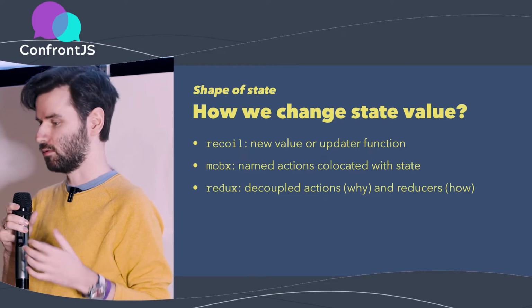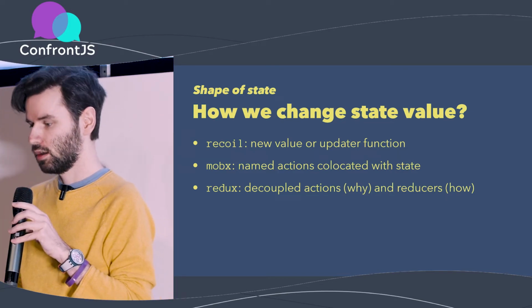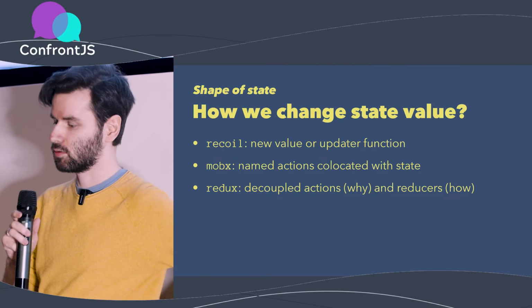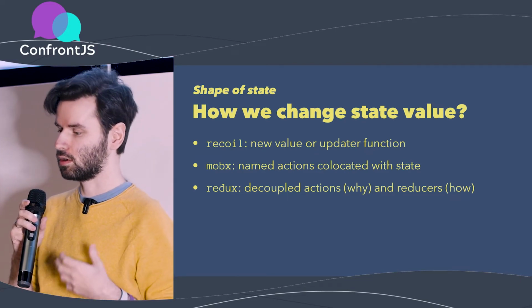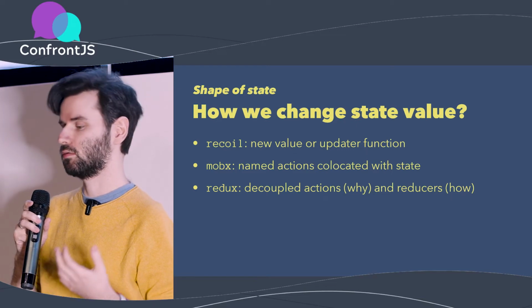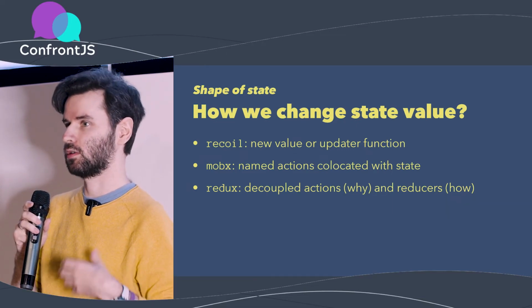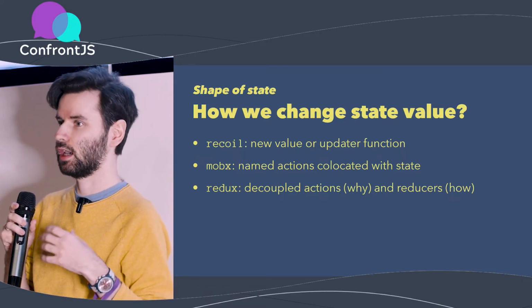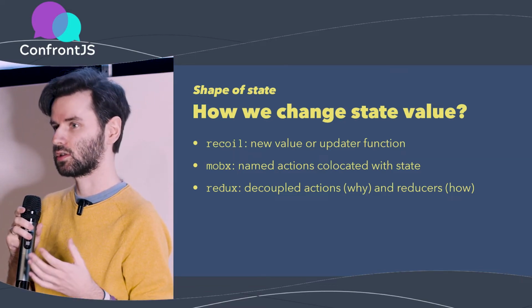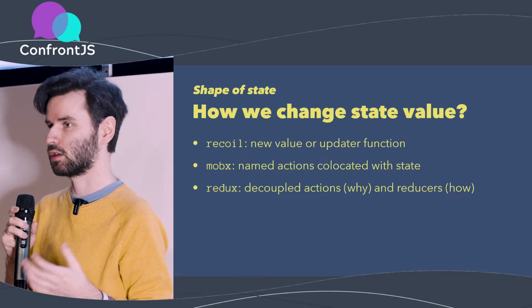Then we need to change our state. Recoil goes for simplicity. It's just like the useState hook. We can pass a new value. We can pass an updater function that will calculate the new state value. Mobx, again, names methods on the state object.